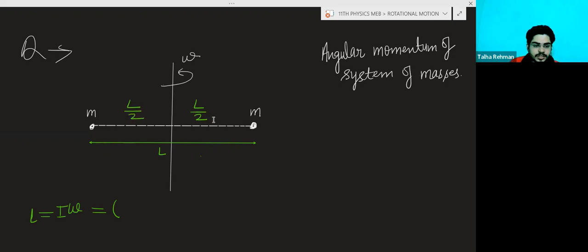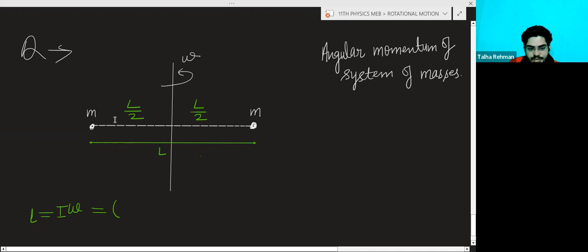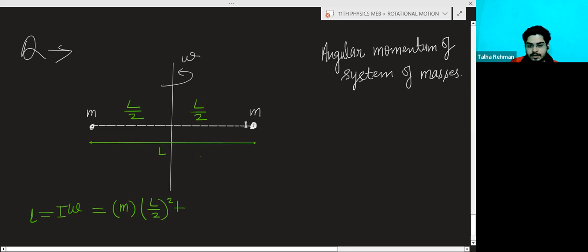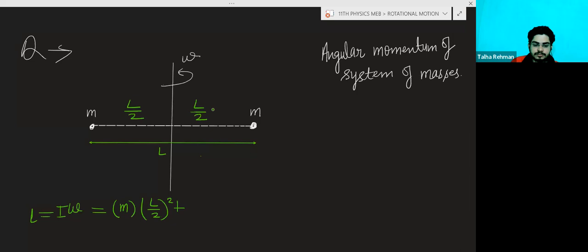So moment of inertia for this mass will be m into L by 2 square, because m r square is the moment of inertia of this mass. Plus there is another mass also in the system. This is m multiplied by perpendicular distance square, that is L by 2 square.